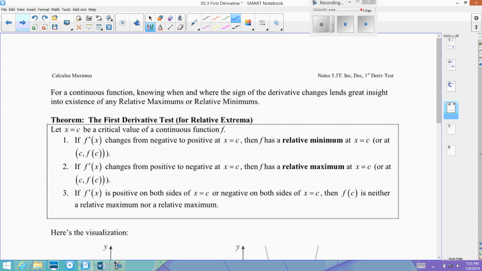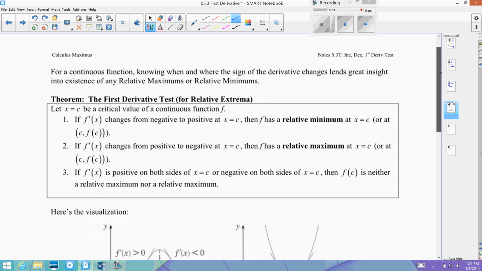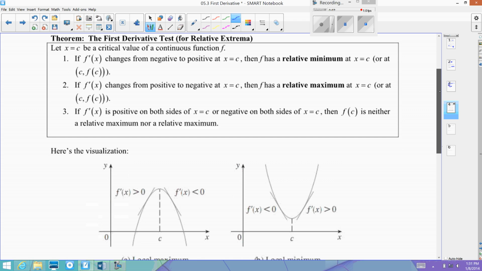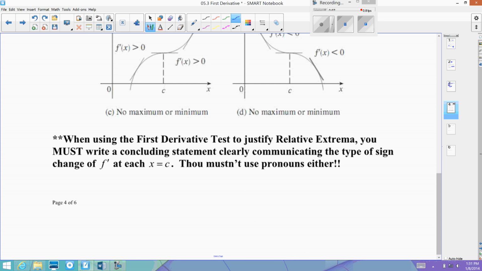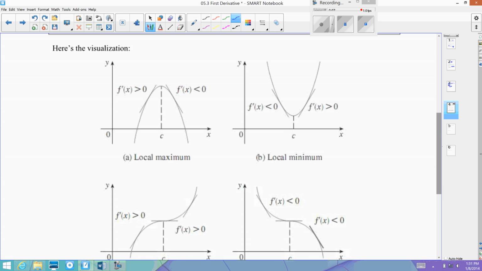All right, so what I kind of introduced there is the first derivative test. Okay, this gives us a test for relative extrema. As I showed, and you can read that on your own time, if your function is increasing and then decreasing, if your derivative is positive and then the derivative's negative, there has to be a relative maximum there, at x equals c in this case.